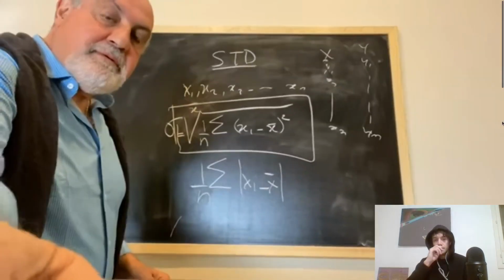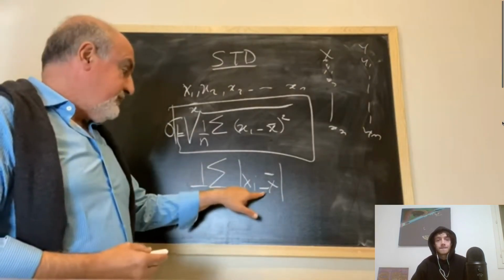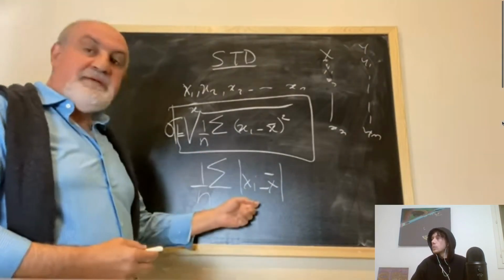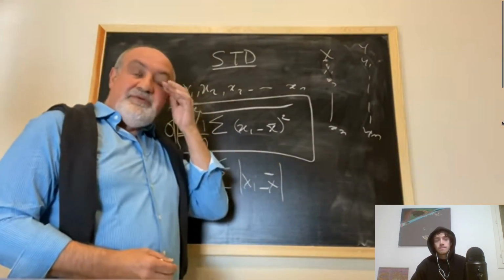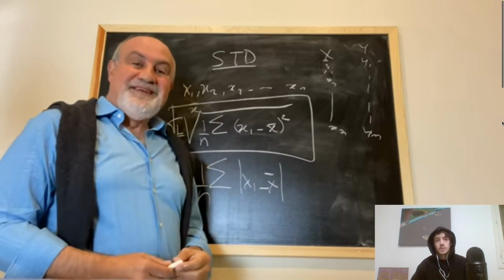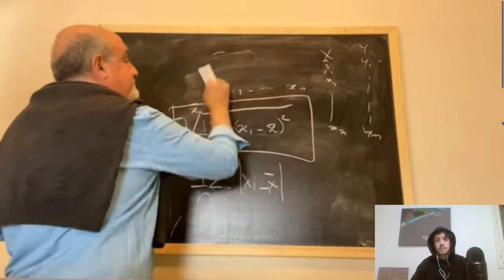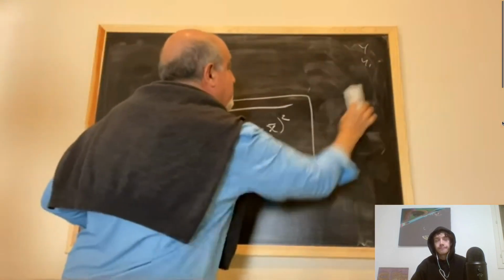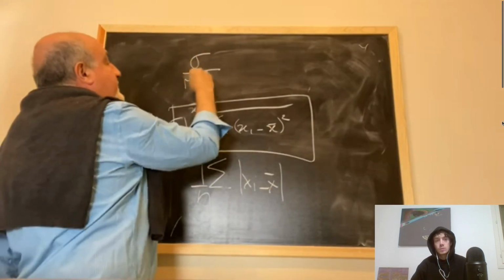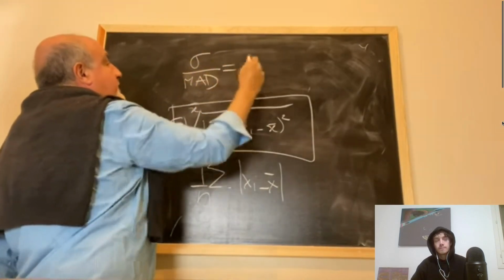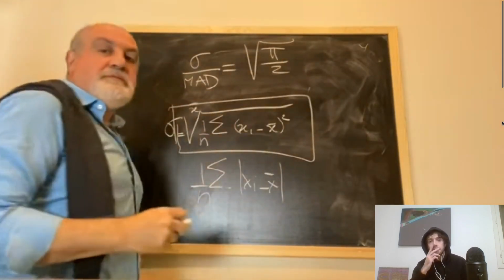Okay. So they mistake this one for this one. This is the mean absolute deviation. And actually, the ratio between these two corresponds to fat tails. For the Gaussian distribution, sigma over mean absolute deviation equals square root of pi over 2.